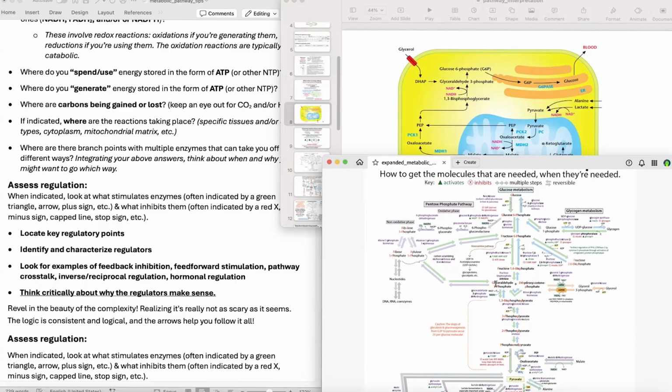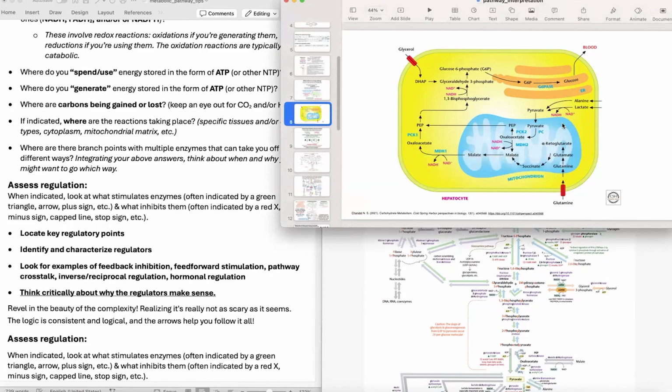Remember that the reason why we needed to regenerate NAD plus through fermentation if we don't have oxygen to keep glycolysis going is because we need NAD plus for glycolysis. So we need NADH for gluconeogenesis. If we start from lactate, we already get the NADH out here. So it makes sense then to use the pathway that's not going to generate another NADH out here.